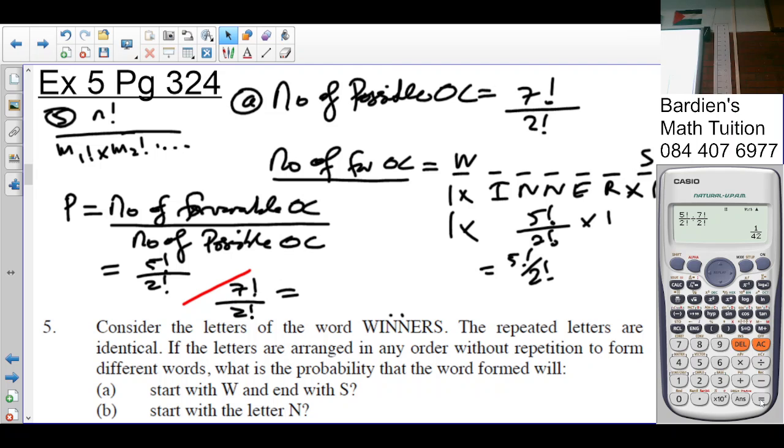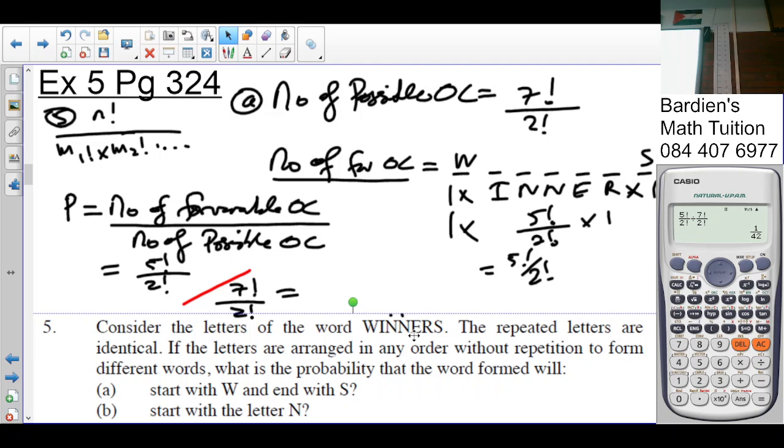The letters from the word winners: 7 factorial over 2 factorial. Start with the letter W and end with the letter S. 1, 2, 3, 4, 5. So it's 5 factorial over, n is repeated, so it's 2 factorial. I can't see my mistake.